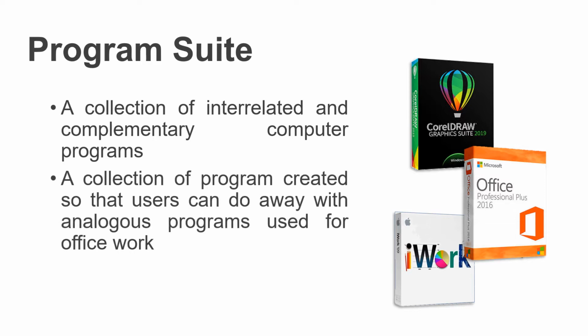Program suite is also a collection of programs created so that users can do away with analogous programs used for office work. So when we create files from one software, for example, in Microsoft Office Word, then we open it in another software developed by other companies, for example, the word processor of WPS or the Google Docs, you will notice that the format changes.